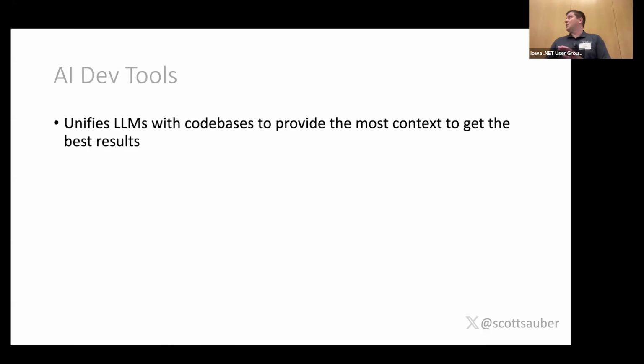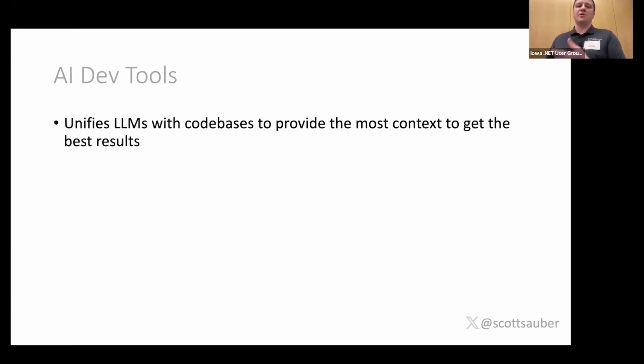All right, so that's LLMs and context, but now we unify those with these AI dev tools. We've got AI dev tools like Copilot, Cursor, and Claude Code, which unify these models with your code bases to provide that as a context. Because if you just go to ChatGPT and you don't connect your code base, it doesn't have that context.